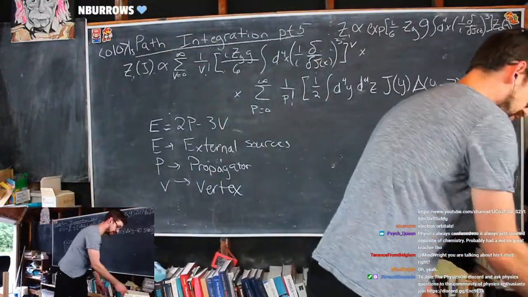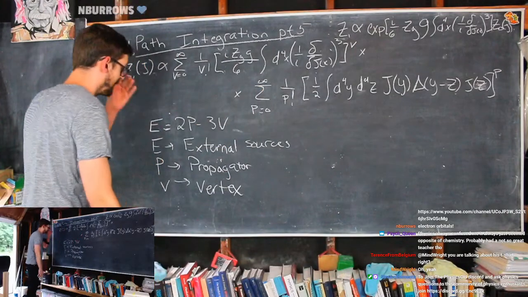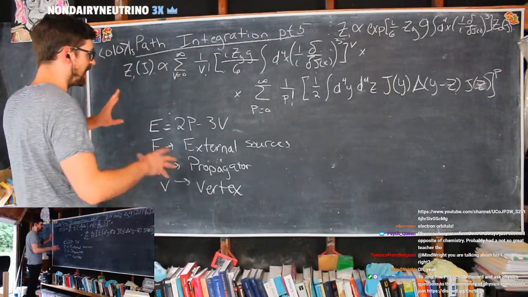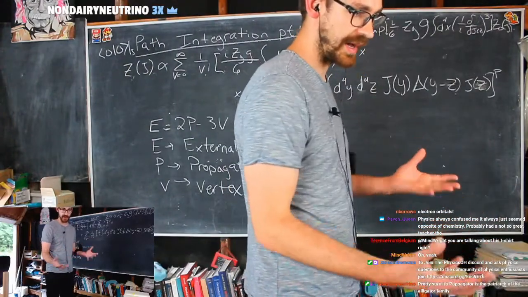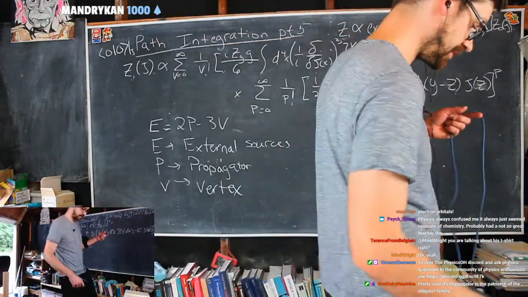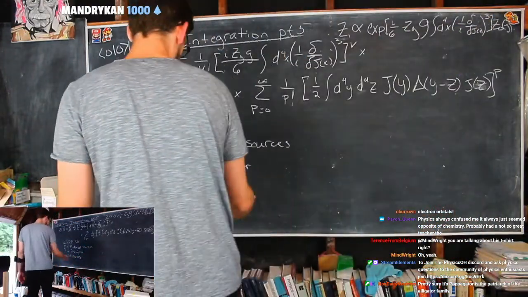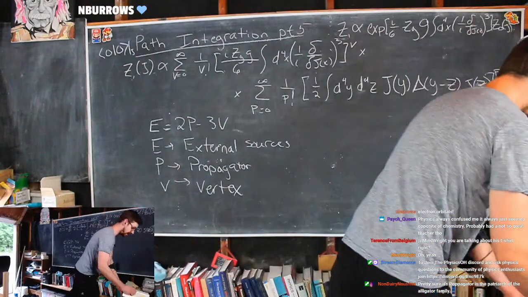You can definitely get combinations of this that are going to repeat themselves. But we'll have a way to handle that, which we'll talk about next week when we talk about symmetry factors, because that's what that is. But these are the foundational parts of the Feynman diagrams.